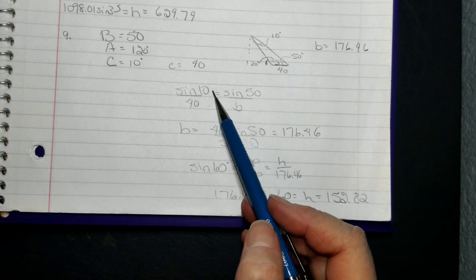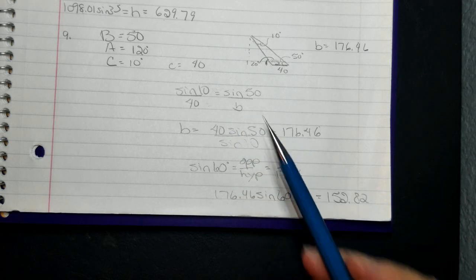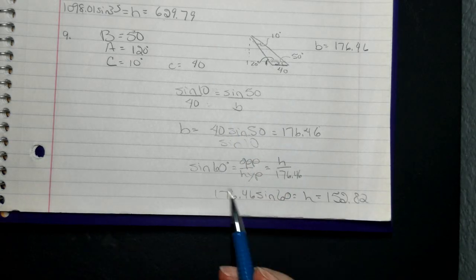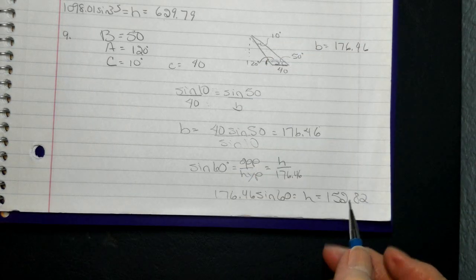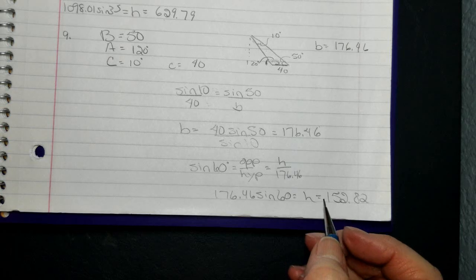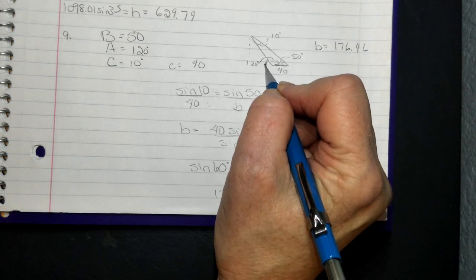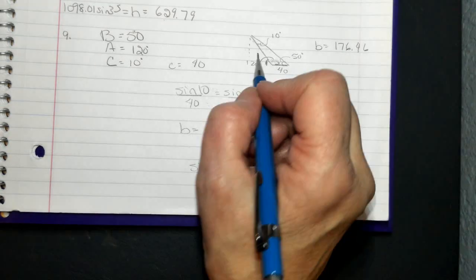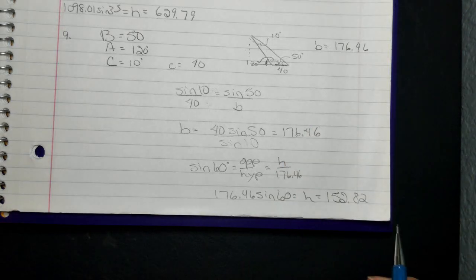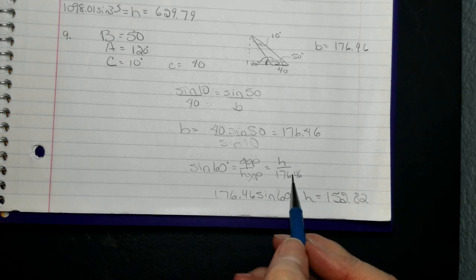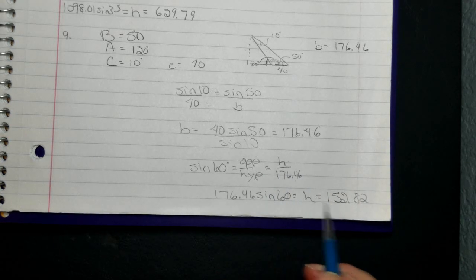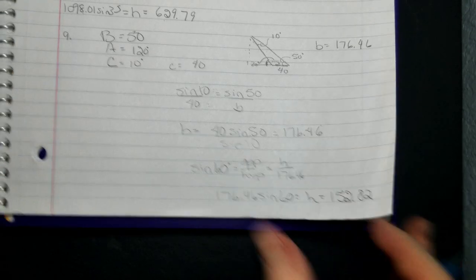So we use the law of sines: sine of 10 over 40 equals sine of 50 over B. We were able to find B, which became the hypotenuse for our right triangle. And then we had to go back to the original angle, so that it's part of the right triangle. Opposite over hypotenuse is H over B, and the angle was 60, and so we ended up with a height of 152.8. All right, so one more.